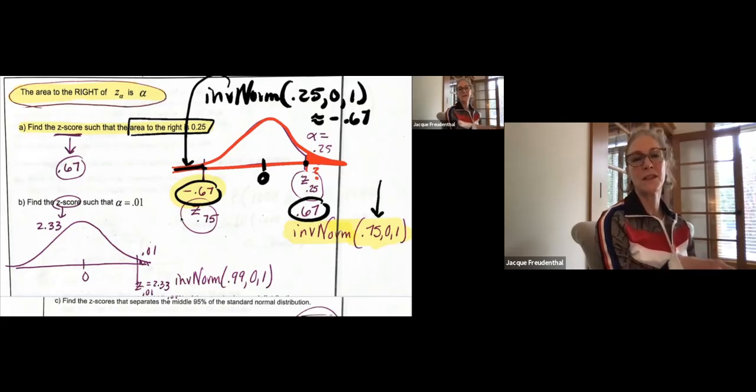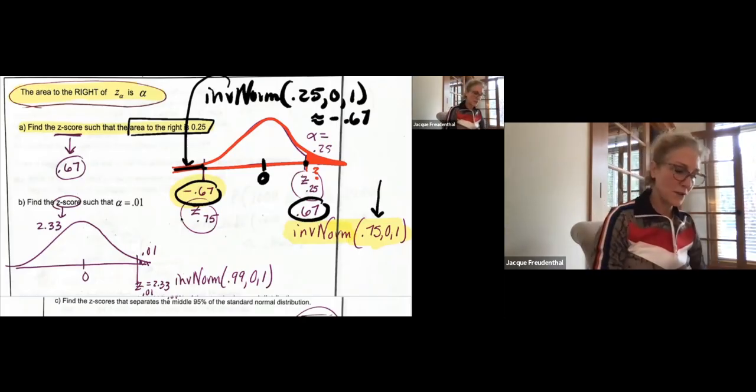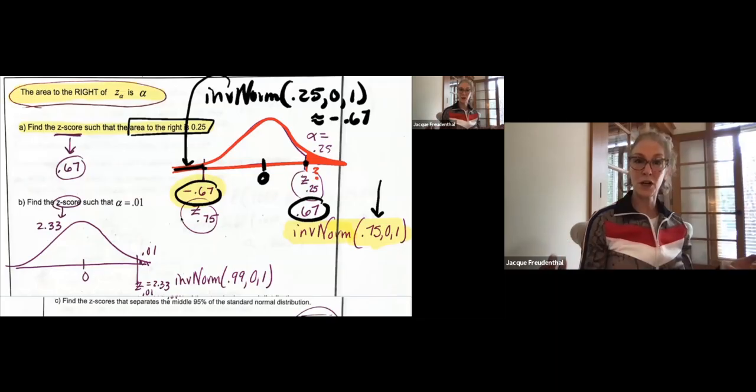And doing this is so much easier on StatCrunch, so I don't want to spend very much time right here about finding the area. So you're given the area and you're trying to find the z-score. StatCrunch works really well for this case. But you know the symmetric curve of a standard normal.